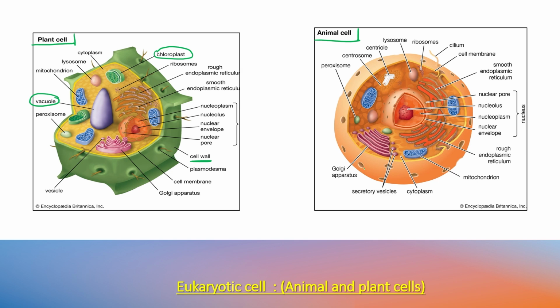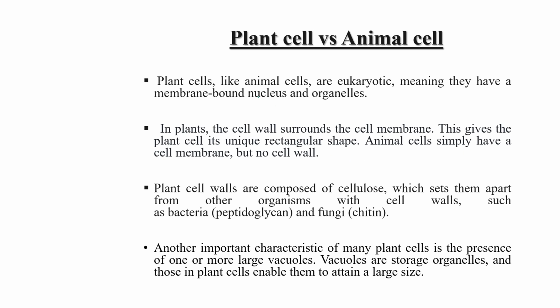According to their needs, some have a certain kind of organelle and some do not. Plant cells, like animal cells, are eukaryotes, meaning they have membrane-bound organelles like the nucleus, mitochondria, and endoplasmic reticulum.